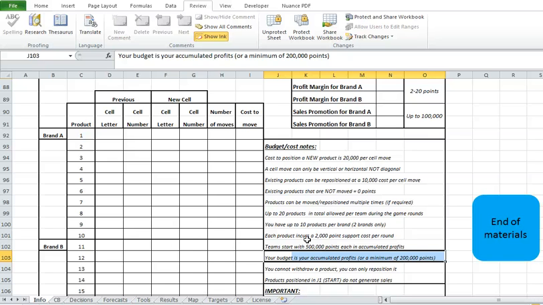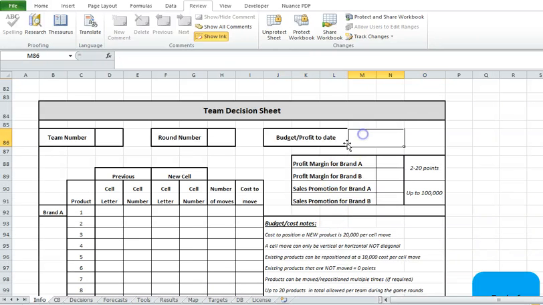Okay, so that means you may be spending more than you make at some points of time. So you start off 500,000, then after that it's whatever your profit is, with at least a minimum of 200,000. Okay, so what we have to do is decide.